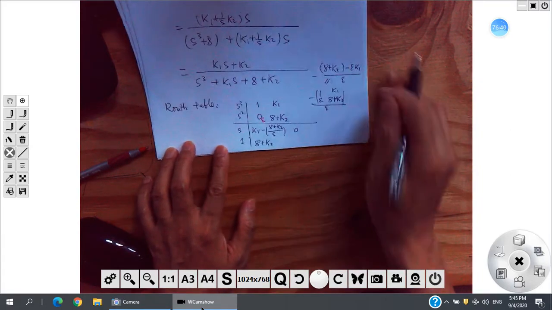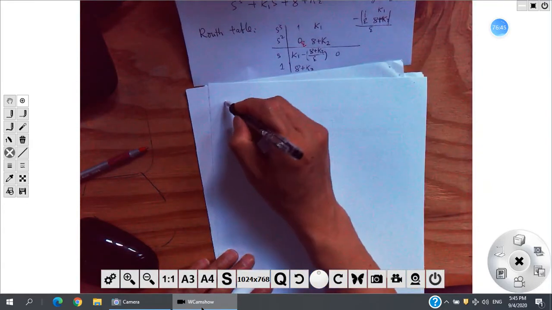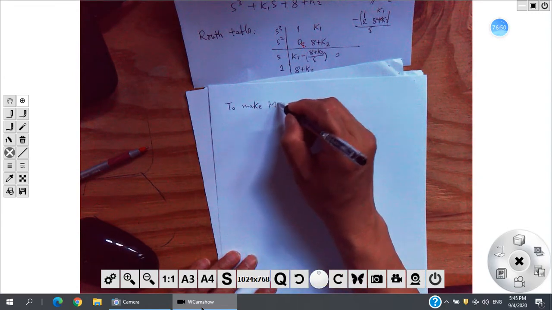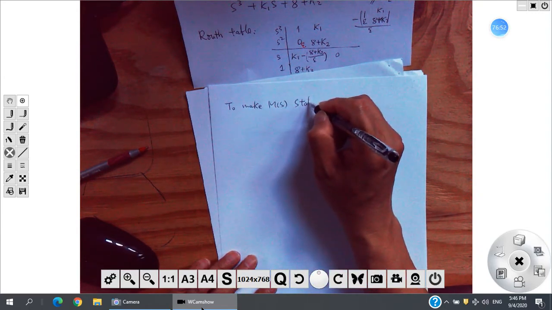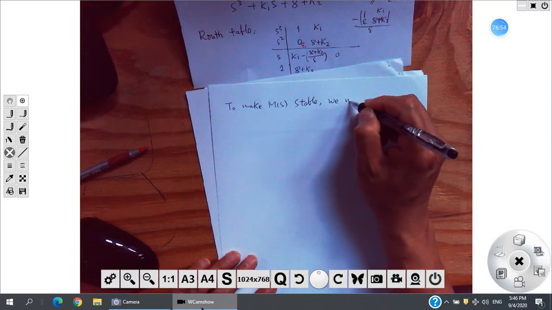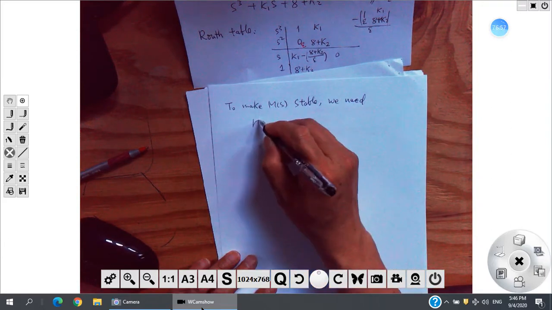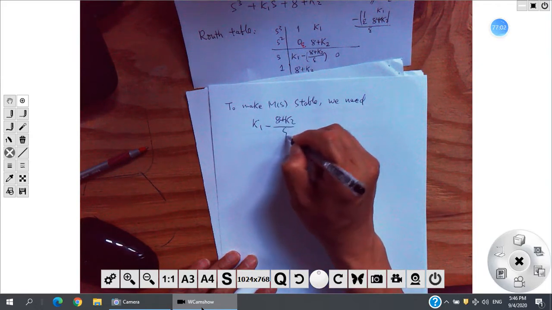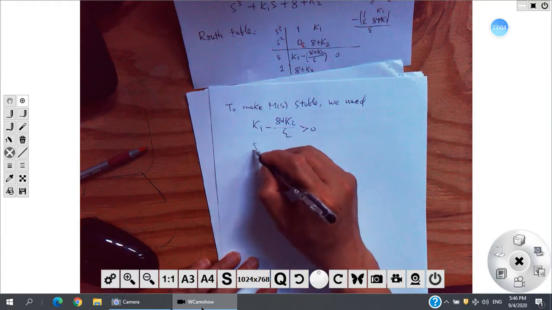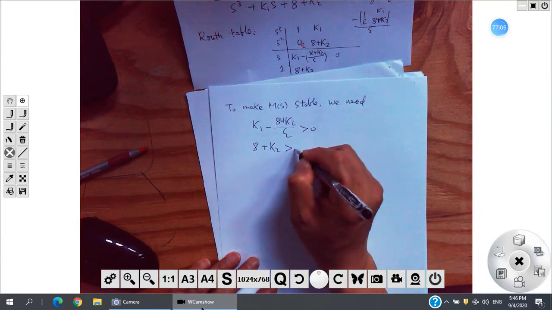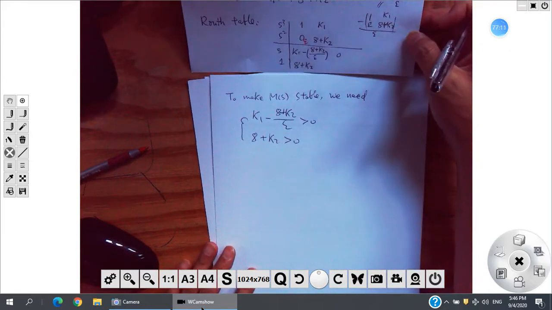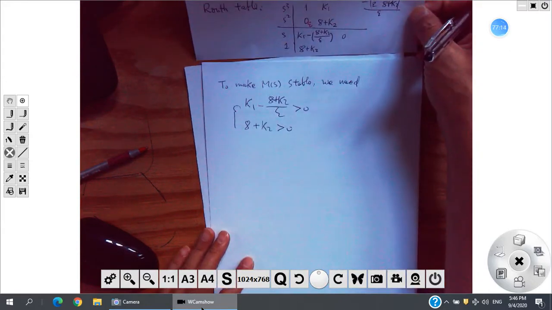Alright, to make M of S stable, we need K1 minus 8 plus K2 over epsilon positive, and 8 plus K2 positive. We want these two.